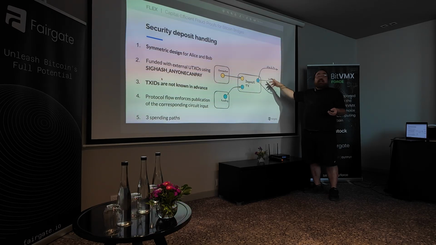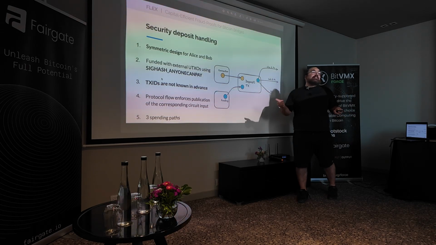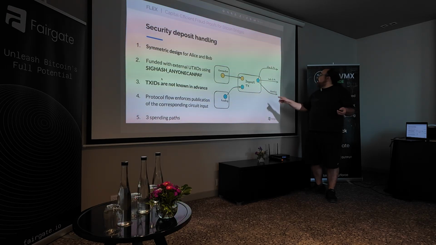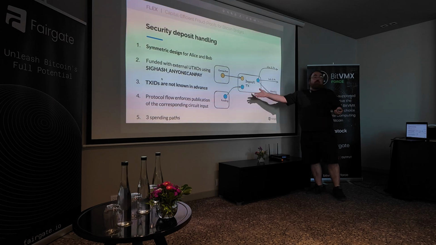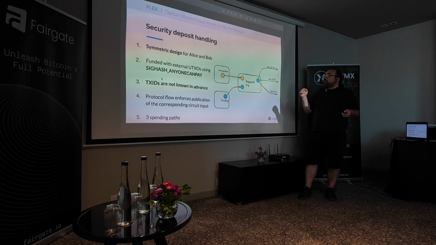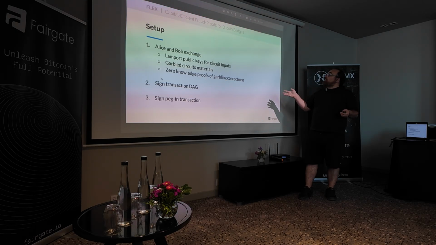That means that Alice was wrong. Or if there is a timeout, that means that the other party did not show his or her inputs in time, then whoever was the one depositing the funds gets the money back. And this is the basic building block that we use.